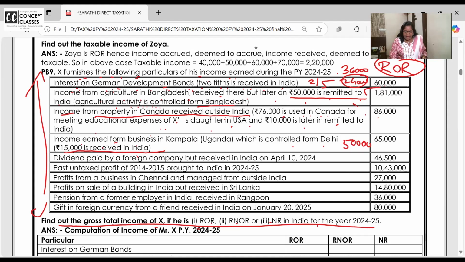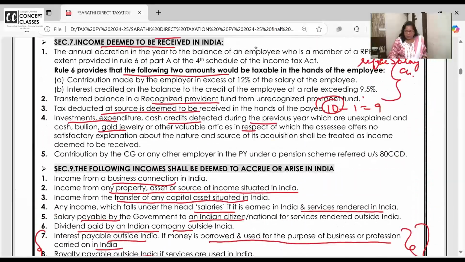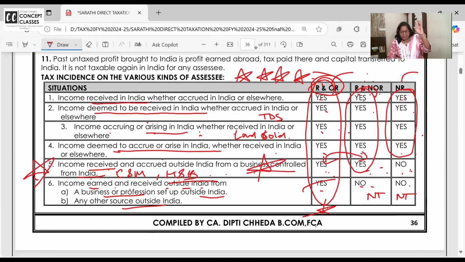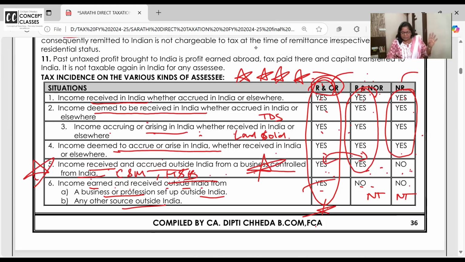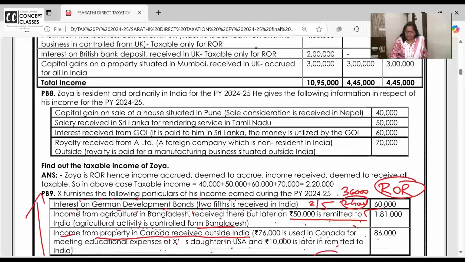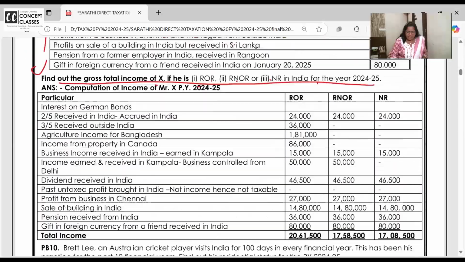Income is earned where? Outside India. Received where? Outside India. Business is controlled where? Delhi. I want all of you to write here: fifth case. Received in Uganda, accrued in Uganda, but business is controlled from India. So this will be taxable for the first two categories.